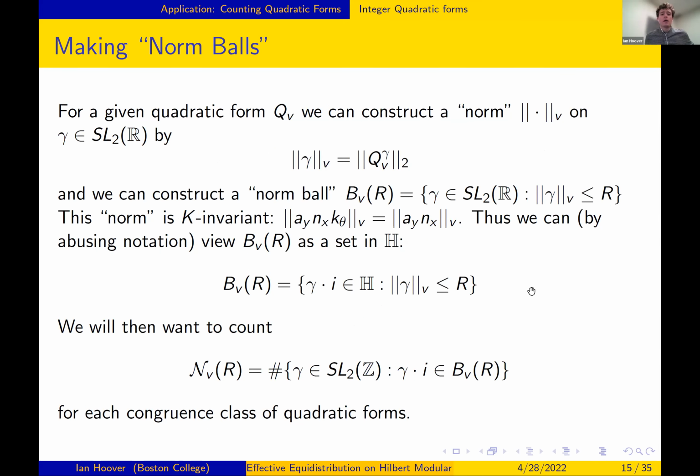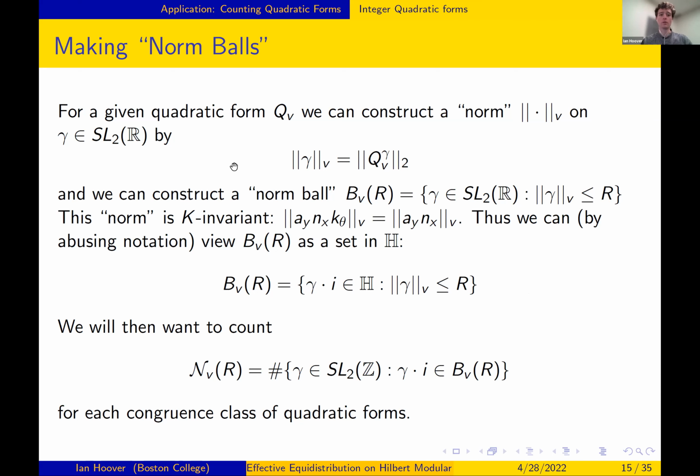But how this is related to the dynamical problem is that, if we fix a quadratic form, then we can associate the norm that we get. Given a matrix in SL2R, when we conjugate this form by that matrix, it gives us a new form, and we can use the Euclidean norm of that form to give us a norm of the matrix.